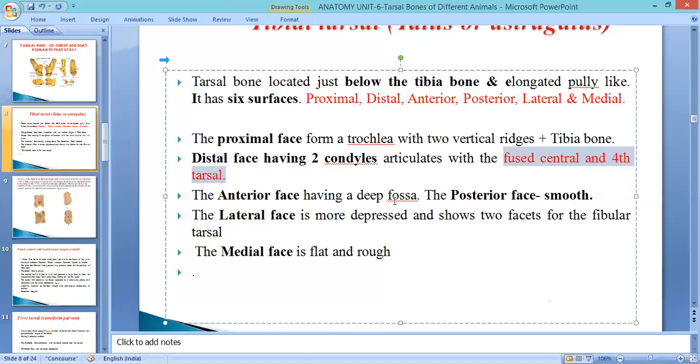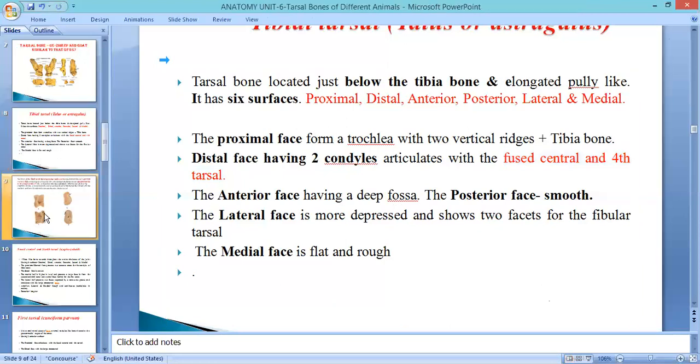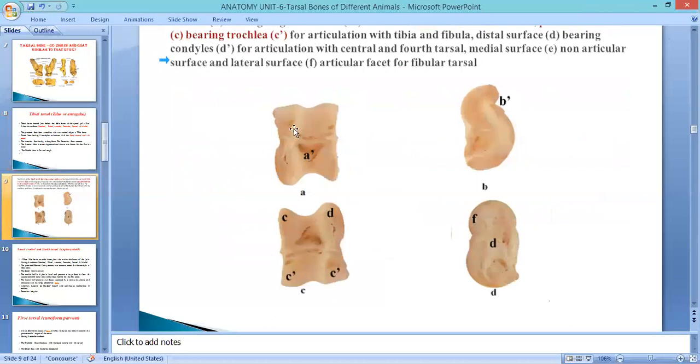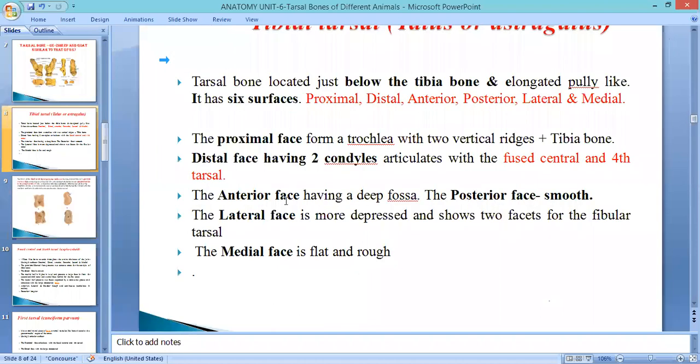Anterior face has a fossa. You see here, this is the anterior surface from here to here, and this is the fossa. A indicates the fossa, which is present only on the anterior part of the bone, and the posterior face is smooth. B indicates posterior in this picture.